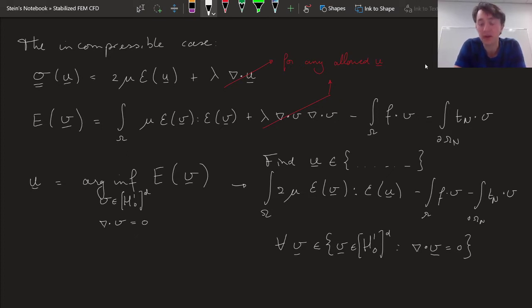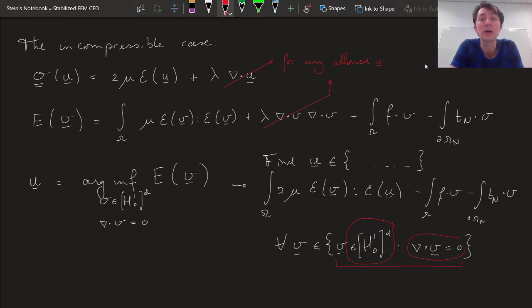And the reason for that is this interesting space definition, right? So we're quite familiar with the H1D space. We can discretize that with Lagrangian basis functions without any issue. But now we're not looking for all these vector functions. We're looking for all these vector functions under this constraint, and that actually becomes very difficult to discretize.